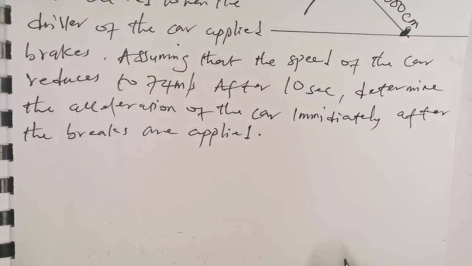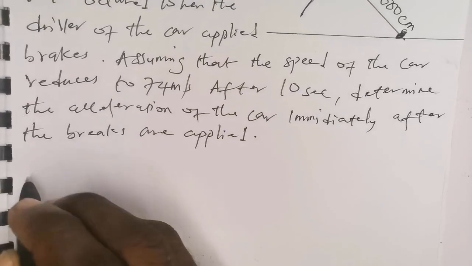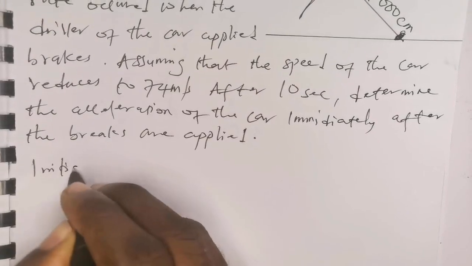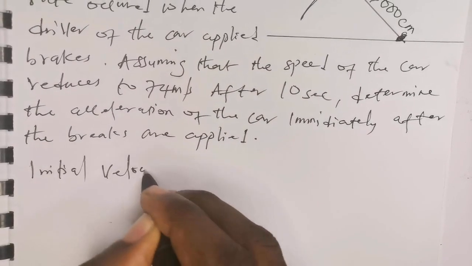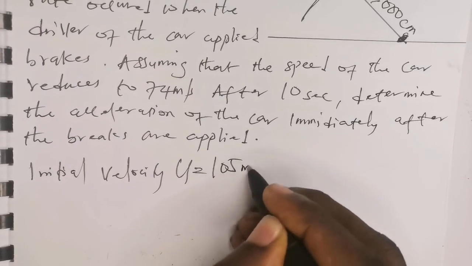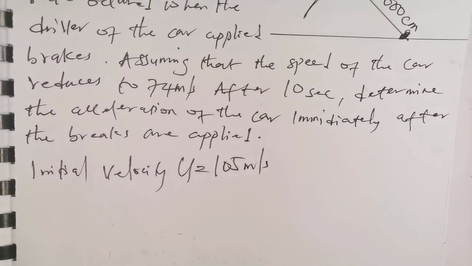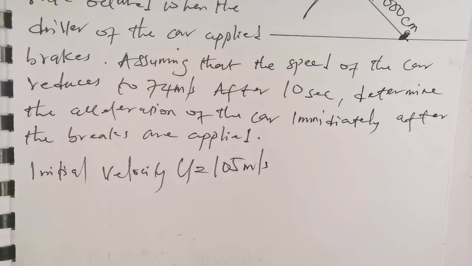In the question, you are given that a car is traveling with a velocity. So initial velocity was given. Initial velocity, called u, was given as 105 meters per second, around a curved path. Now, the question says that when the brakes were applied, the speed of the car reduces to 74 meters per second.